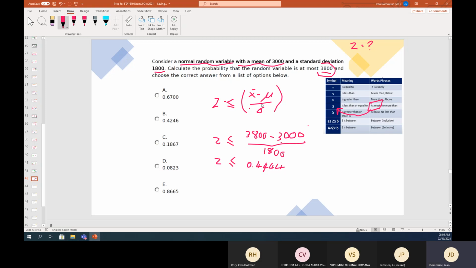I just want to see if everything that I'm doing is correct. Okay, so the first thing I would do, before I even go to the table, is note that if Z is 0, the probability is 0.5.